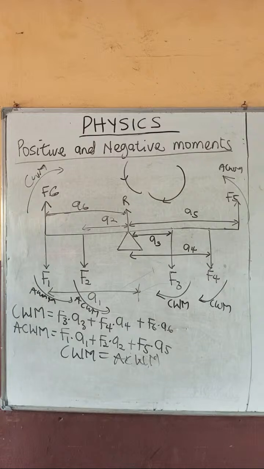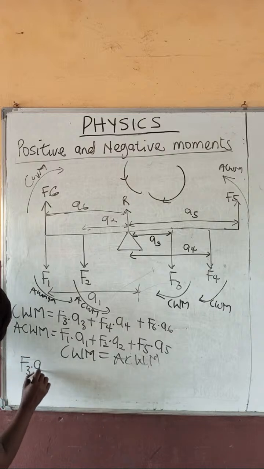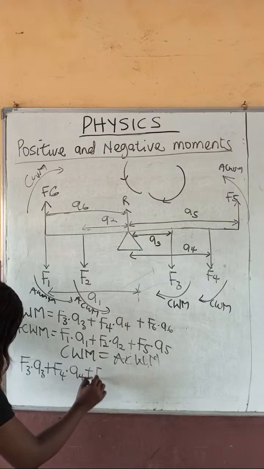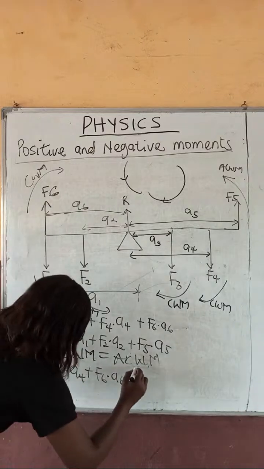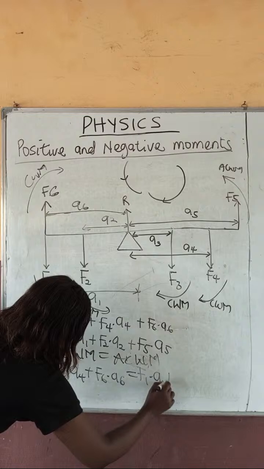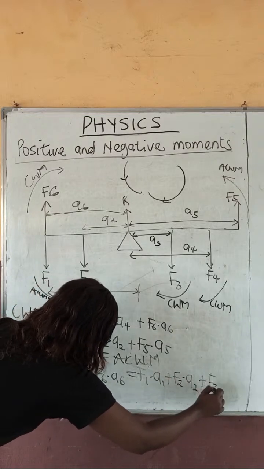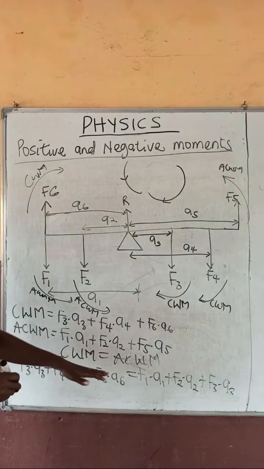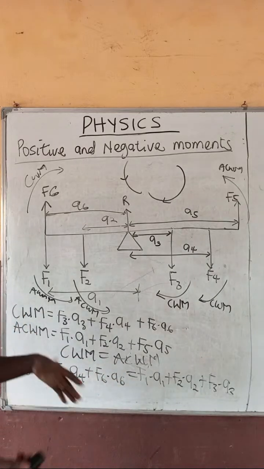Then going by that, we have the clockwise moment to be F3 dot A3 plus F4 dot A4 plus F6 dot A6 is equal to F1 dot A1 plus F2 dot A2 plus F5 dot A5. Do you understand? Then this is equal to this, right? When you substitute the values you have, you can find your unknown, which is what you're looking for.